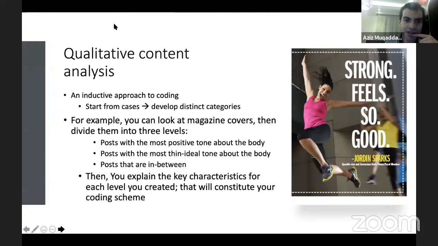So inductive content analysis or qualitative content analysis. As opposed to the deductive content analysis, what you do is you start from the cases and then you develop the coding scheme afterwards, right? So you don't impose a coding scheme borrowed from someone else or that you develop beforehand and then apply it.